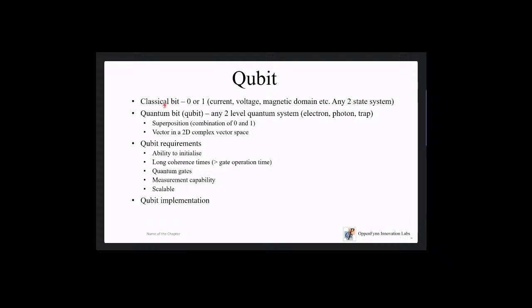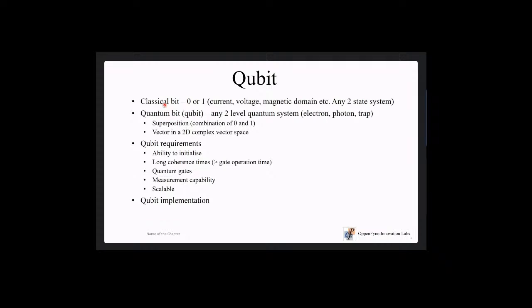So a quantum bit or a qubit is again a two-level system. The only difference is that it's a two-level quantum system. And just like we have various implementations for a classical bit, you can have various implementations of a quantum bit. Typically, we use electrons or photons or traps to represent these qubits. And we'll take a look at these various methods in a little bit more detail today.